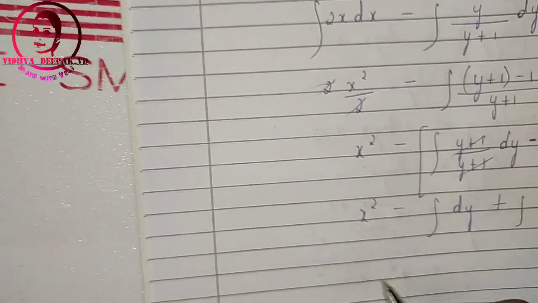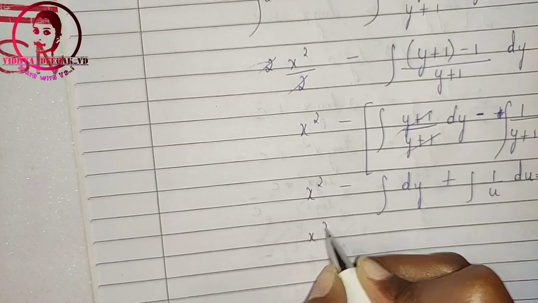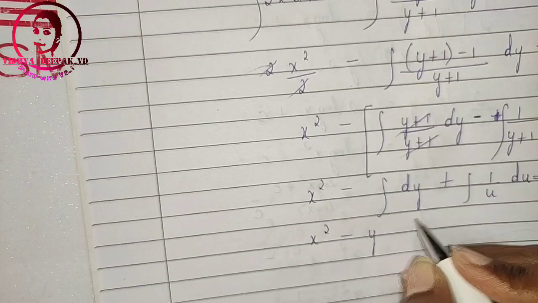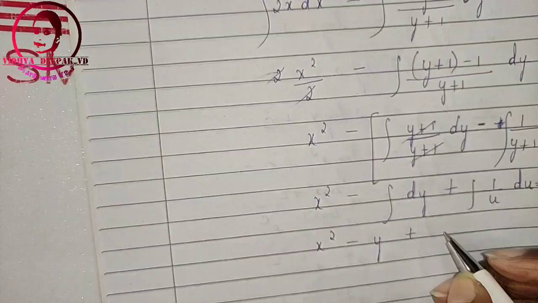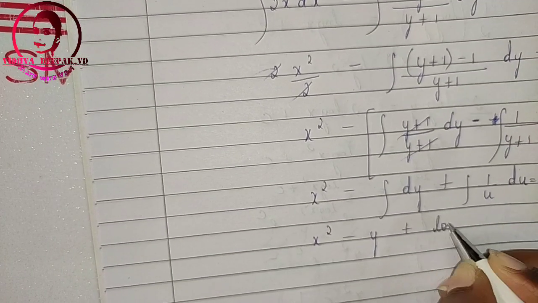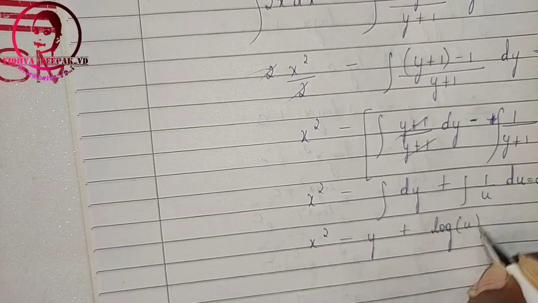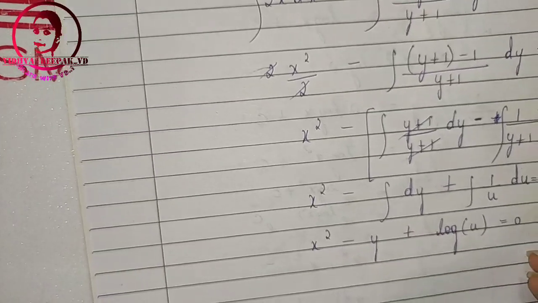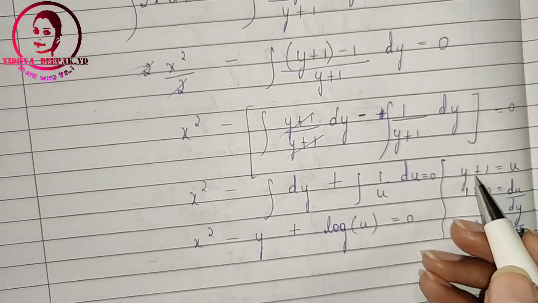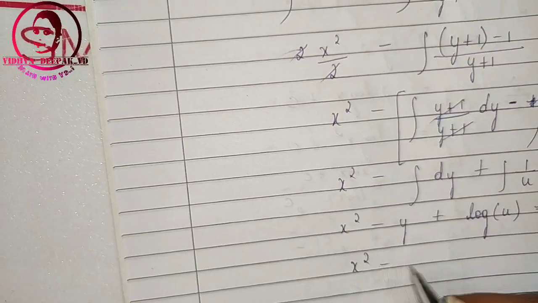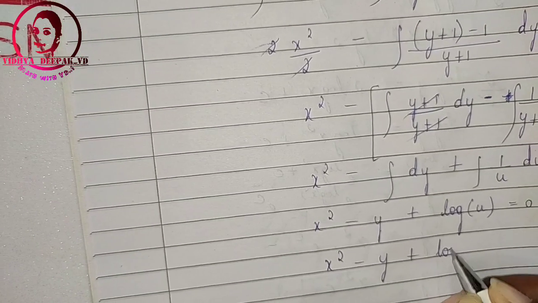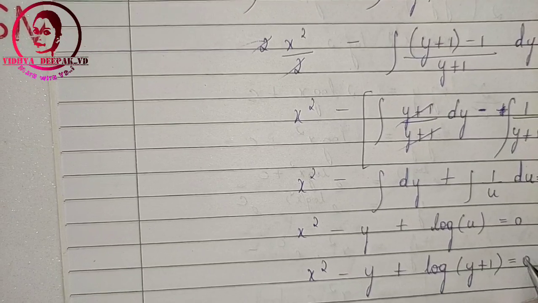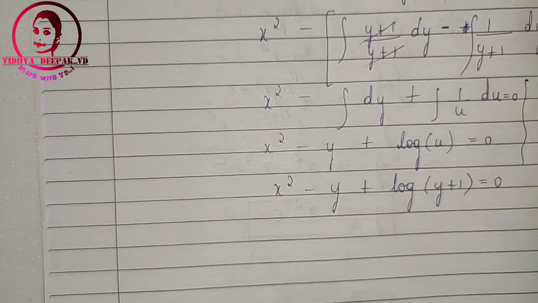We can write this as x squared minus the integration of dy, which is y, plus the integration of 1/u, which is log u, equal to 0. Replacing u back, u is nothing but y+1. So we have x squared minus y plus log of (y+1) is equal to 0.